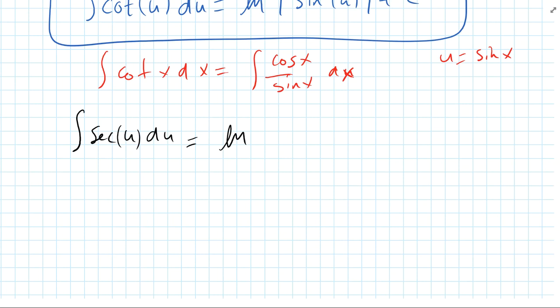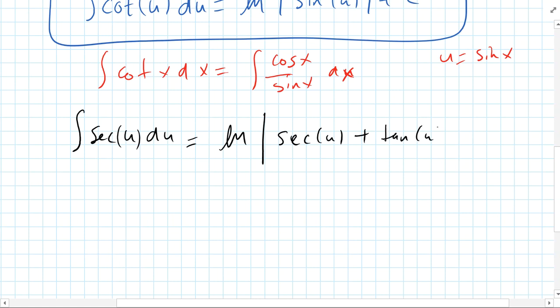Remember? From pst. So they're all natural logs. This is the absolute value, but instead of being like secant x, tangent x, it's secant u plus tangent u. Instead of multiplied, plus c.